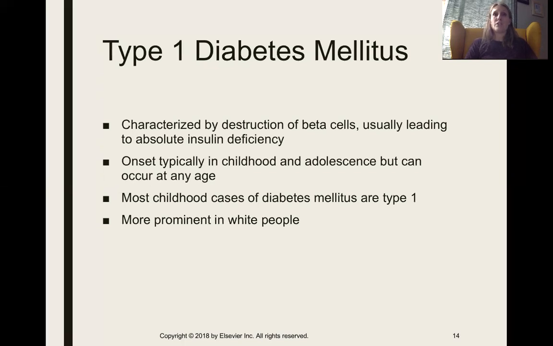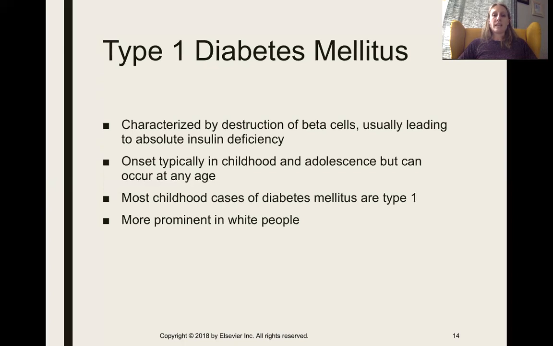This was changed a few years ago, probably about 20 years ago now, because of the increasing severity of type 2 diabetes and the number of people who are dependent upon insulin with type 2 diabetes. But type 1 diabetes is characterized by an absolute insulin deficiency. So that means that those beta cells are not producing insulin at all.